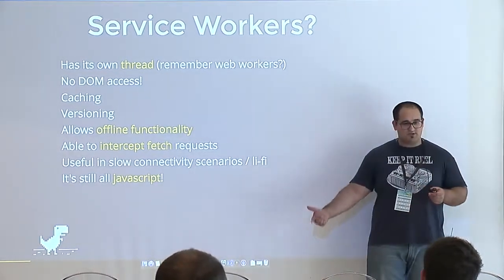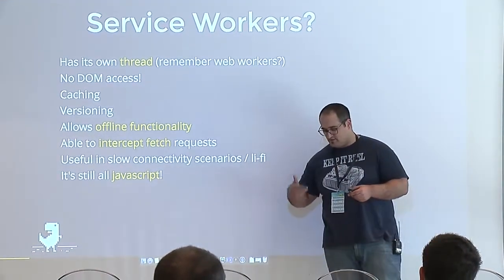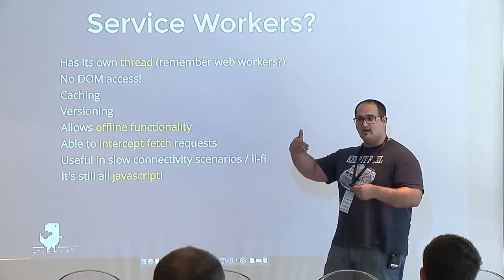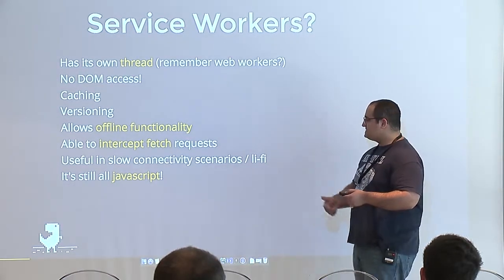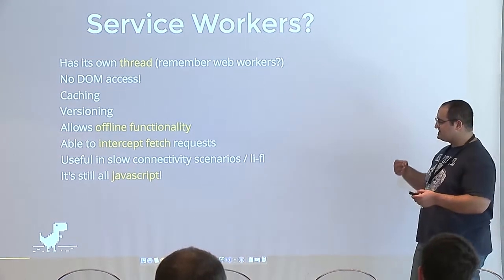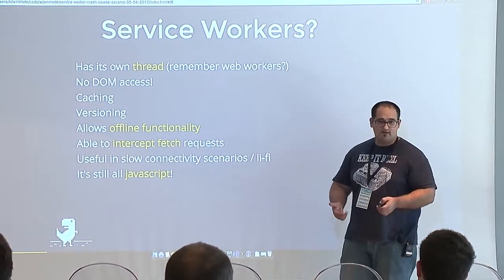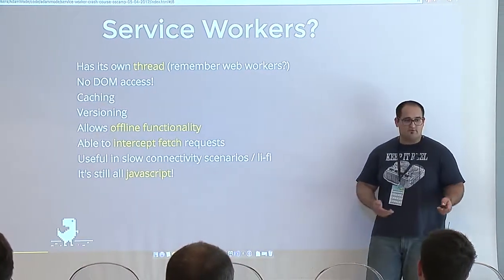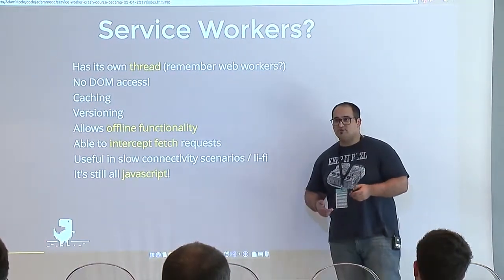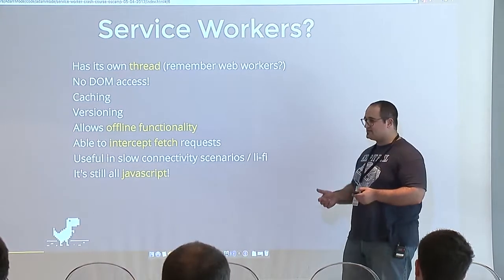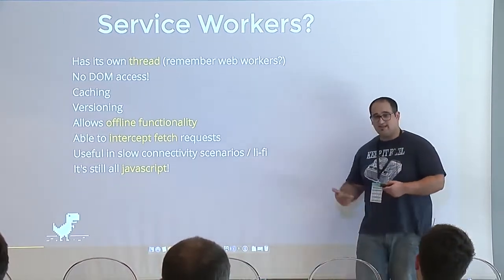Besides the caching, it also supports versioning. That means you can update your service worker during its normal lifecycle. This is exceptionally useful when the user is offline, because it's nice to have something there even when you have no internet, but also in scenarios of really slow connectivity, or as I like to call it, Li-Fi.